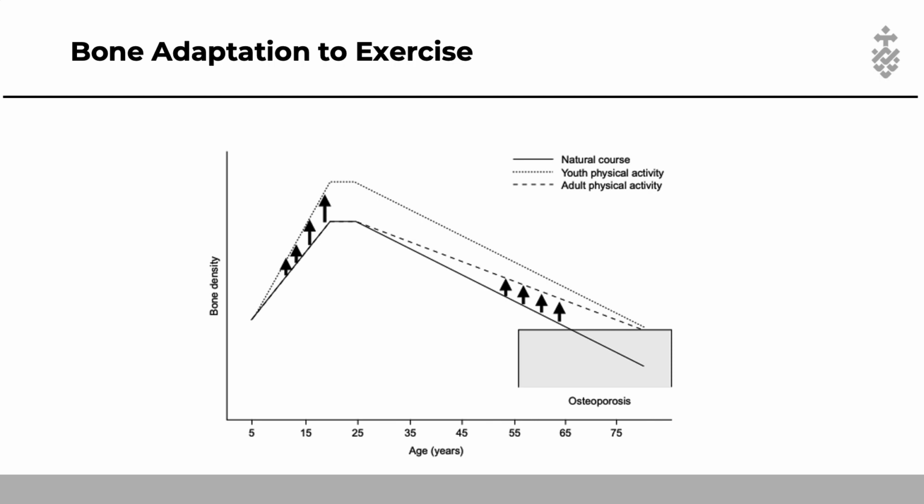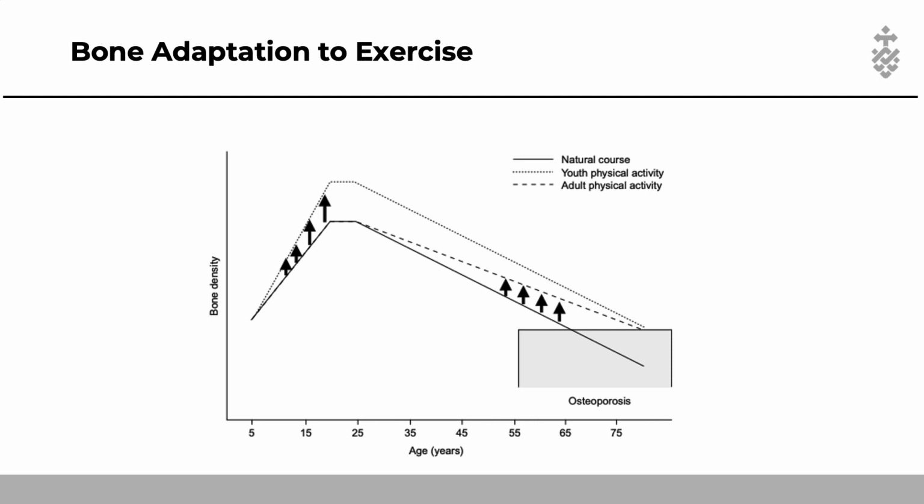Now, if we implement appropriate exercise in adolescence, we can significantly bump up that peak bone mass, and then that can reduce our risk of fracture or osteoporosis in later life. If we start incorporating appropriate exercise in adulthood, we can still get these preventative effects, but they're of a lesser extent than the effect seen in childhood and adolescence.